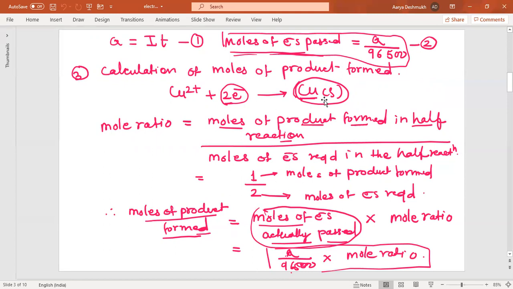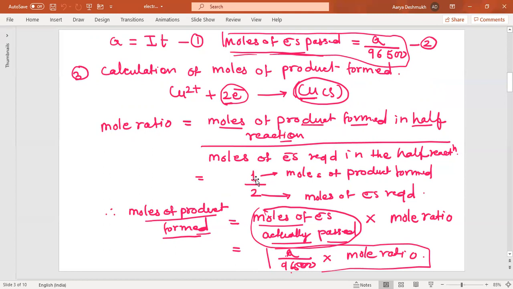Here, 1 mole of copper is formed by using 2 moles of electrons. To convert these copper ions into solid copper, 2 moles of electrons are required. So 1 by 2 is the mole ratio.